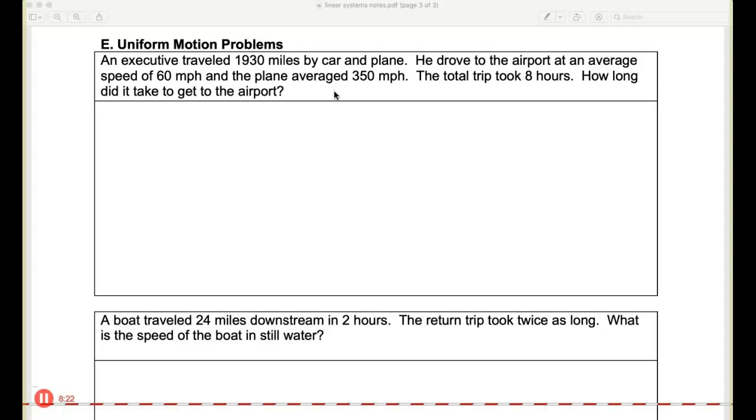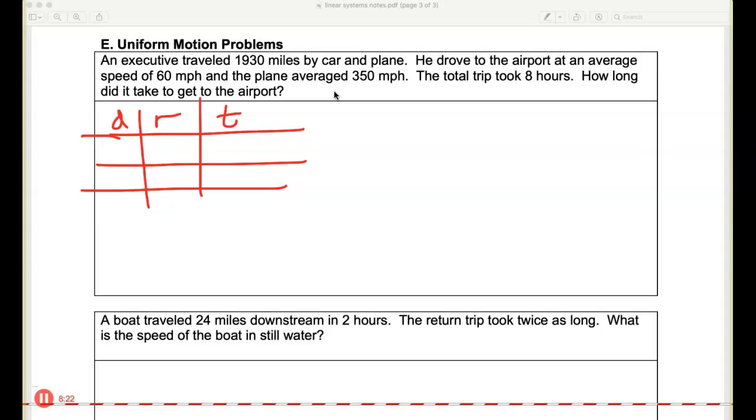So we have an executive who traveled 1,930 miles by car and plane. He drove to the airport at an average speed of 60 miles per hour, and the plane averaged 350 miles per hour. The total trip took 8 hours. How long did it take to get to the airport? So if you set up D equals R times T, then we're going to have X being our, what are we looking for?